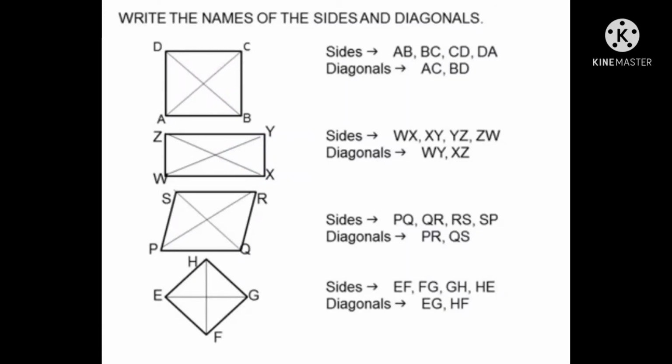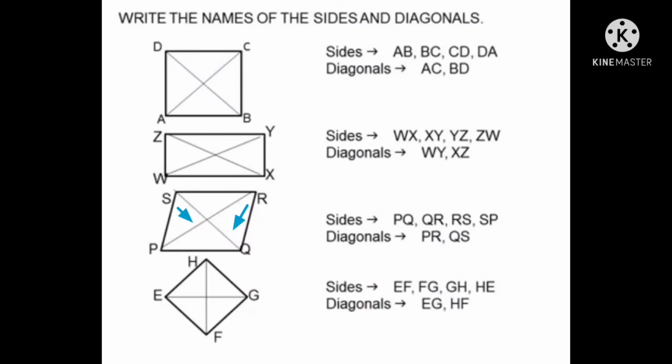Third one is the parallelogram. Here we have P, Q, R, S. Now we have to write the sides. The first one is PQ, QR, RS and SP. These are the sides, and the diagonals are PR and QS.